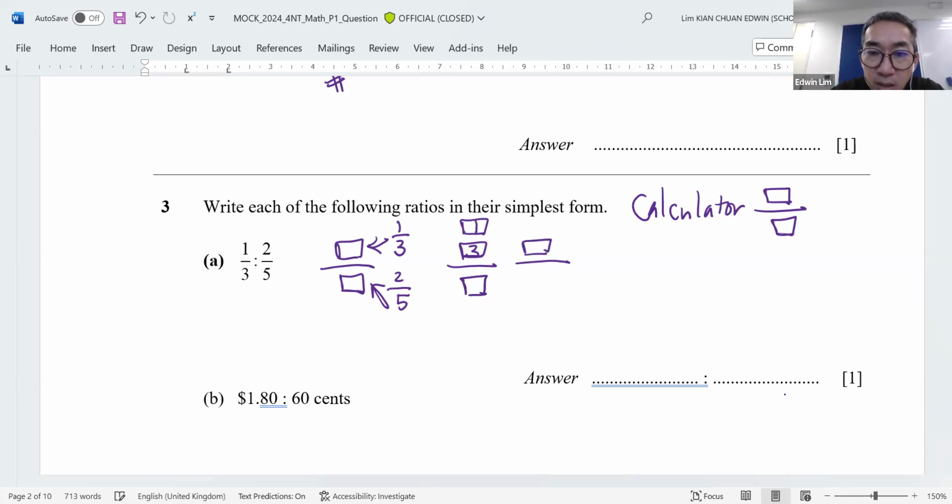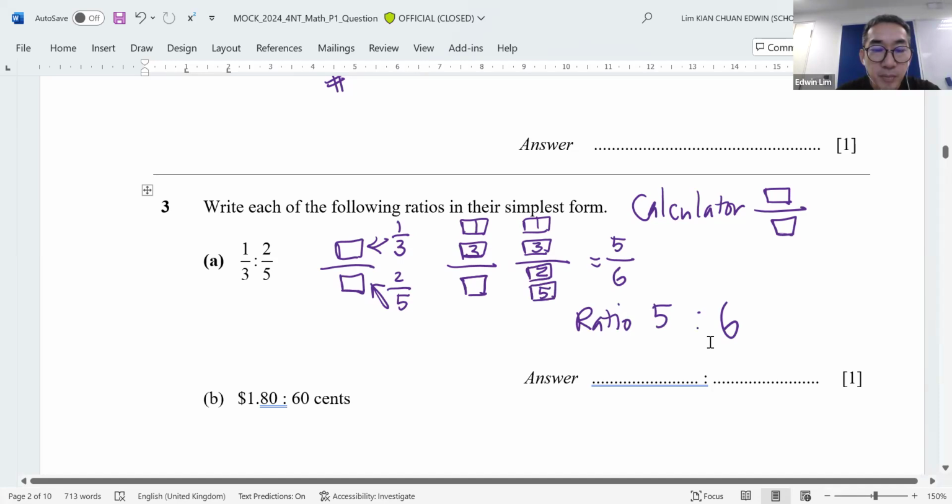So you will get this, whereby you can key in 2 and 5. If you key in this carefully, the final answer, you will get 5/6. So the ratio is actually 5:6. That's the easiest way of getting the answer for 3a.